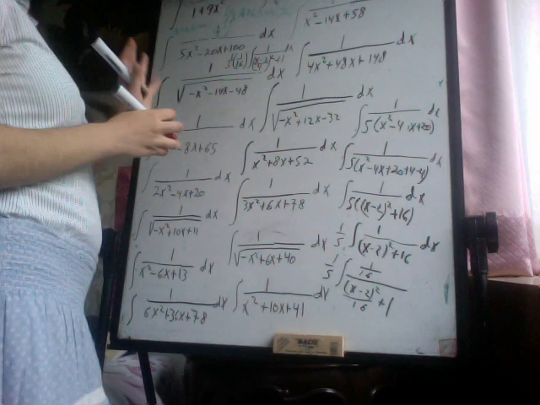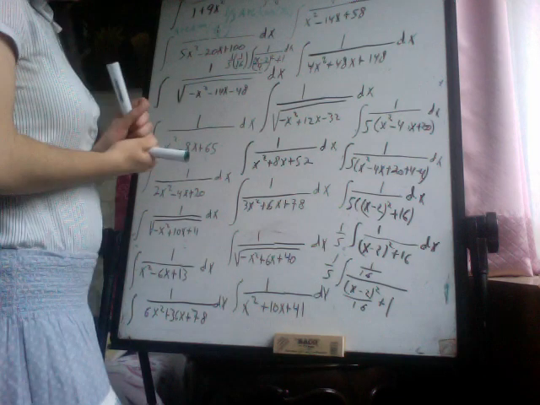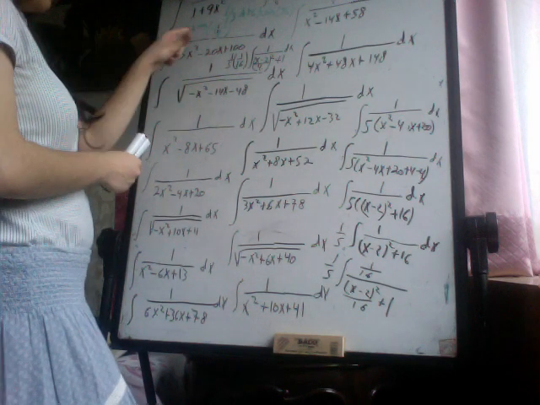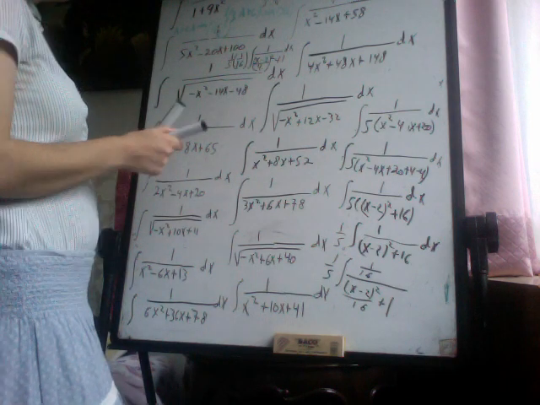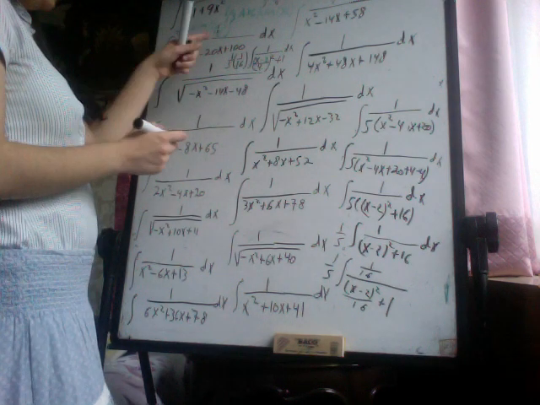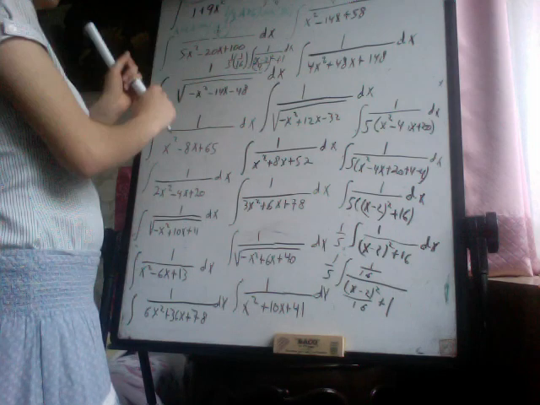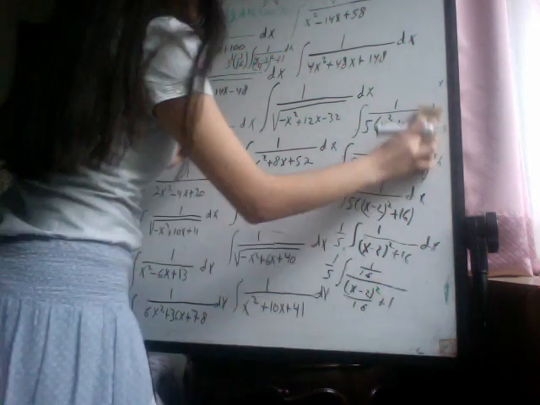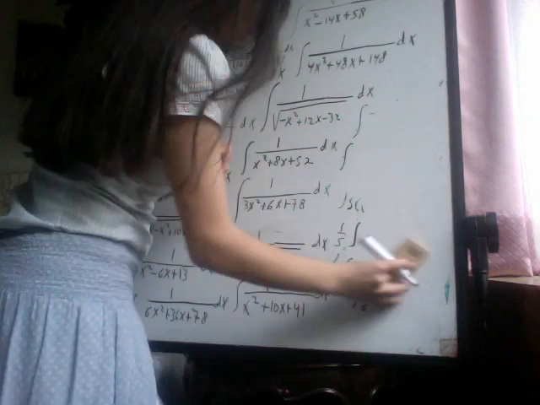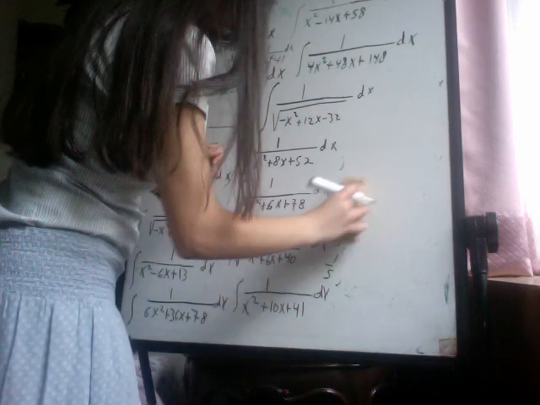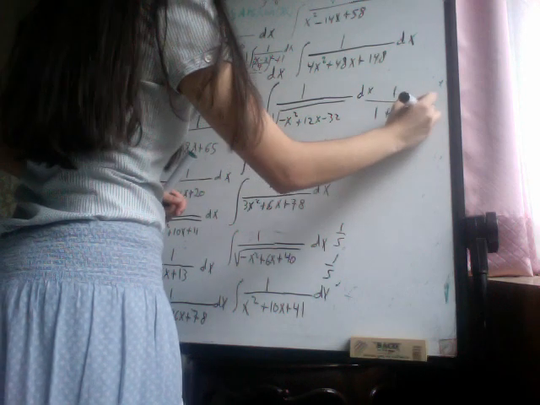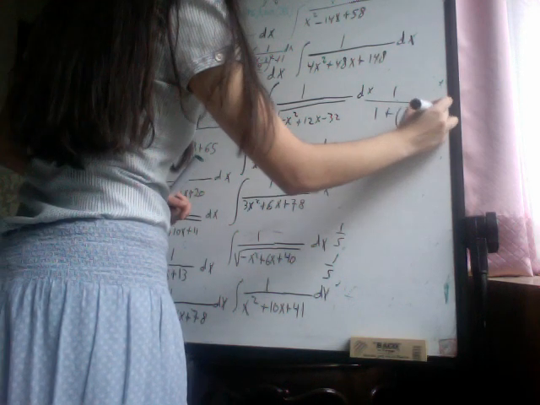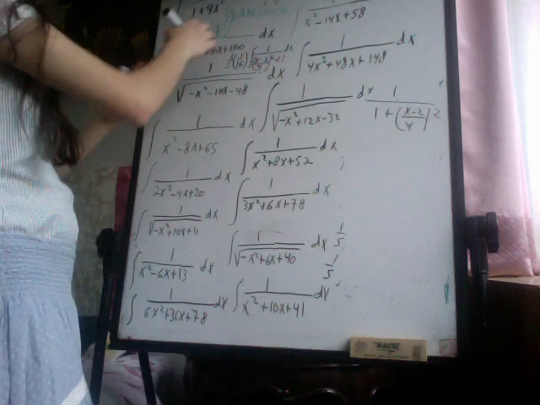And now let me do some arrangement. What happens if we have the derivative of this? What would this be? This would be 1 over 1 plus this squared. So that would be 1 over 1 plus x minus 2 over 4, all this squared, times the derivative of what is inside.